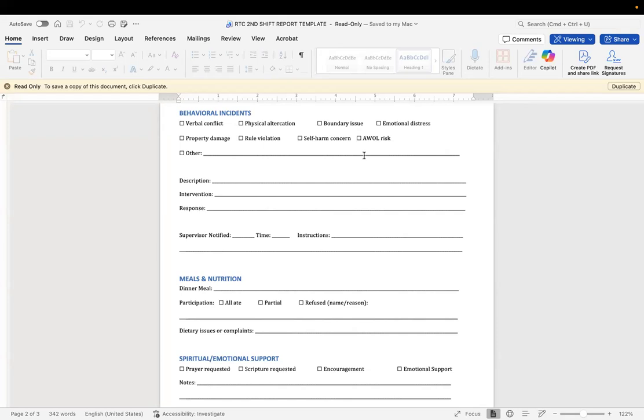And then if there's a need for supervisor notification, anytime you have to notify a supervisor. So if you text a supervisor after hours, or when they're not on shift, it needs to be documented on this, because there's a reason that you're having to notify them. Again, we're looking for patterns.